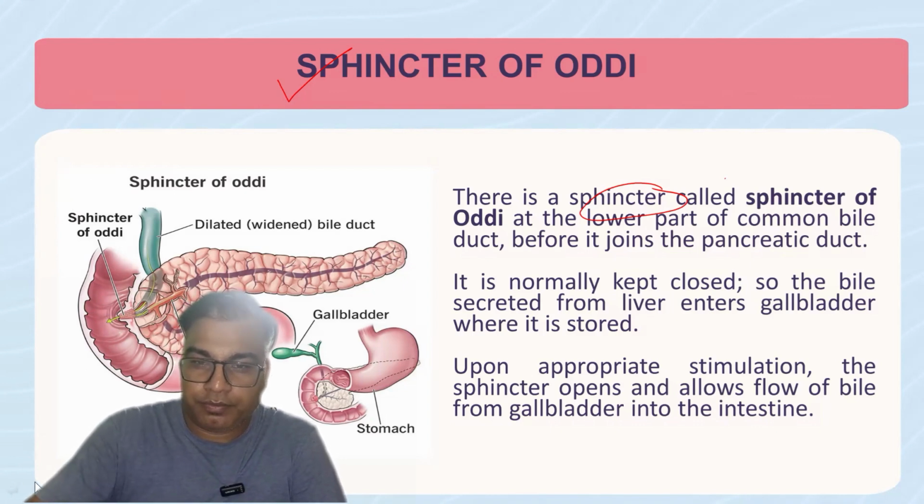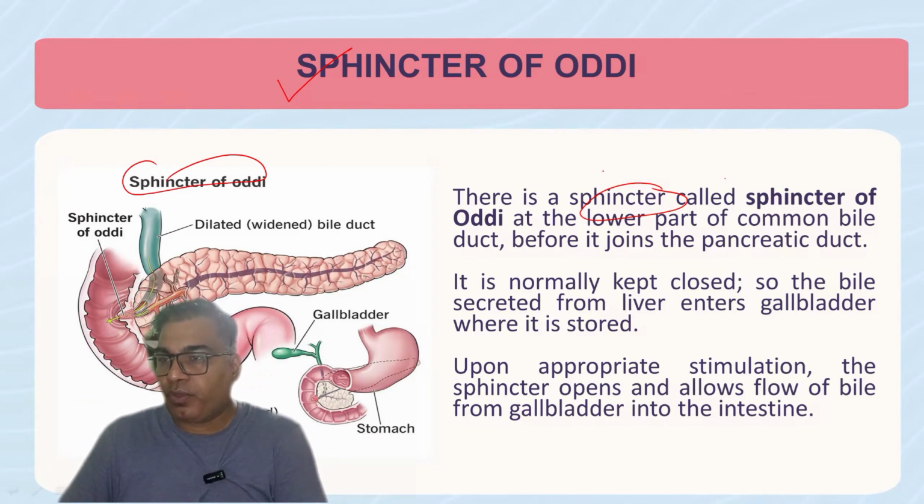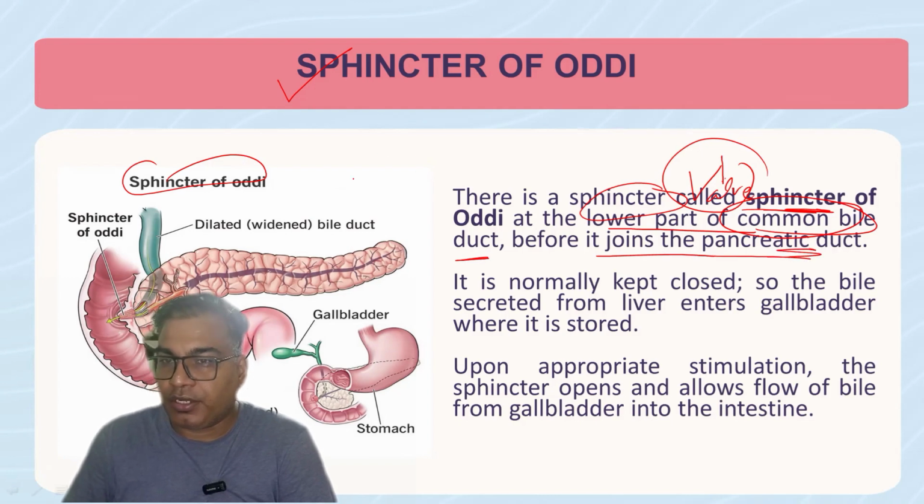Now come to the sphincter of Oddi. So basically, a sphincter is a valve which controls opening or closing, which is present at the lower part of the common bile duct before it joins the pancreatic duct.